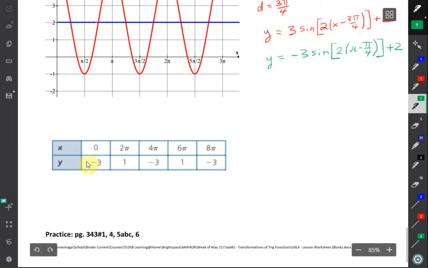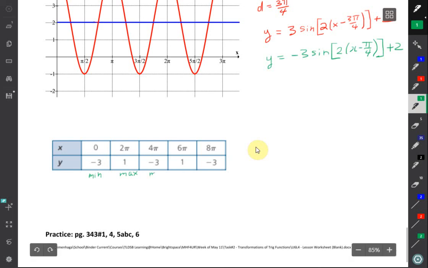So first thing I do is look to see where my mins and maxes are. So minus 3, 1, minus 3, 1. And it doesn't hurt to label them. So it looks like this is my minimum here, and this is actually my maximum. One thing to think about is min to max is only halfway.